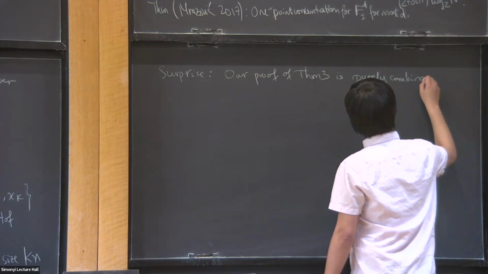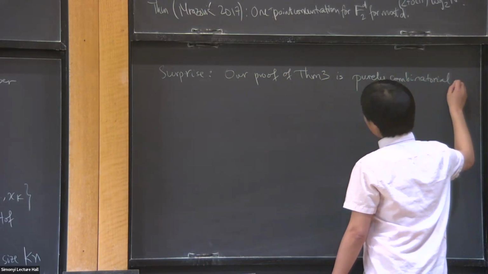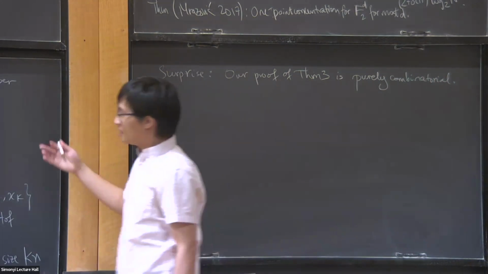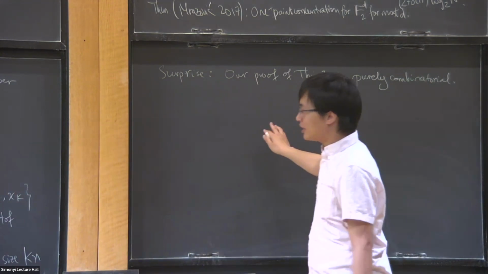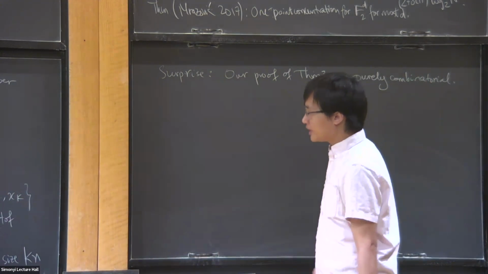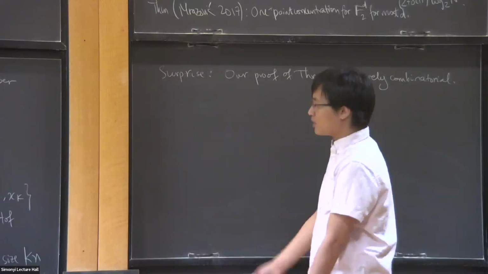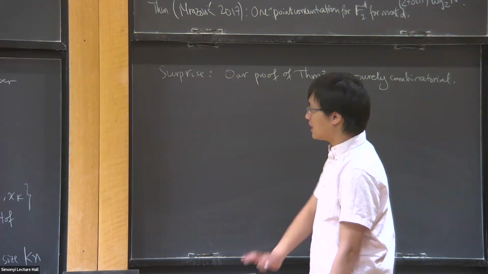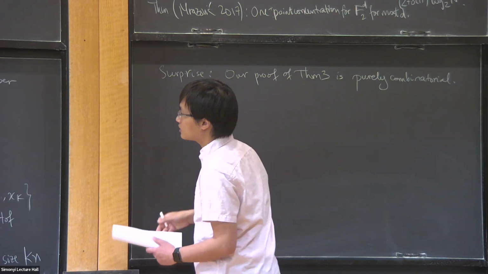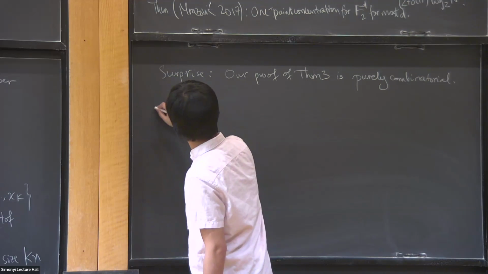We use almost none of the group structure apart from what I'm going to tell you now, which is essentially the same picture, the same combinatorial model for a group structure that we discussed yesterday. So let me just recall this combinatorial model for the group structure.